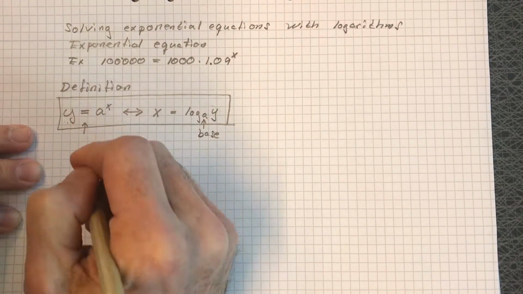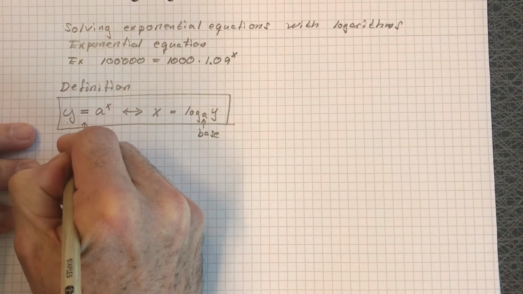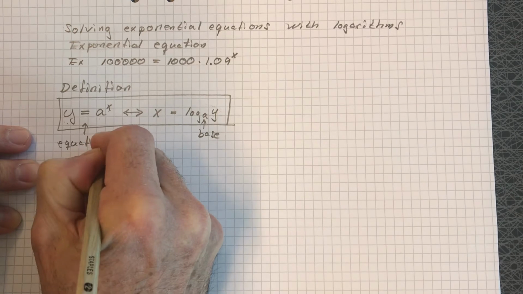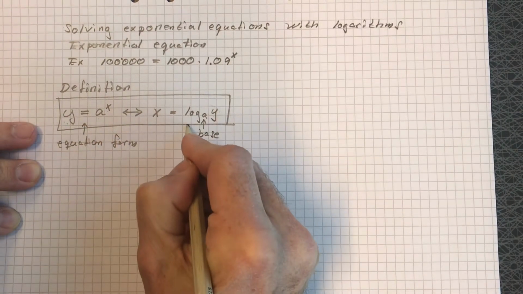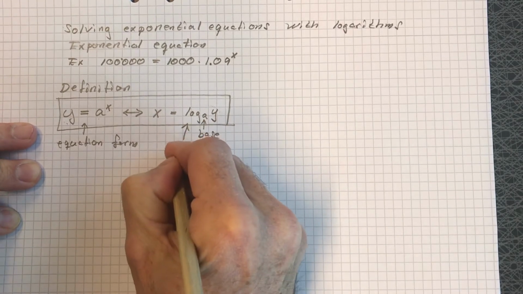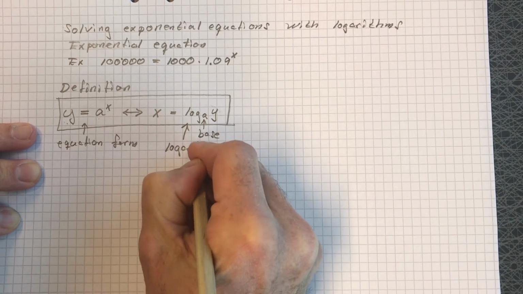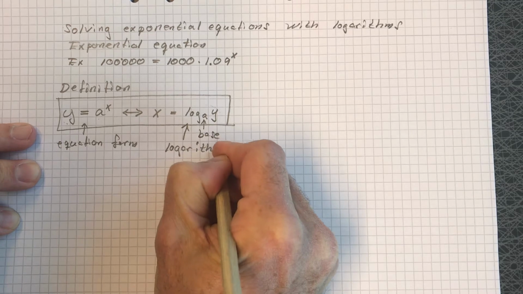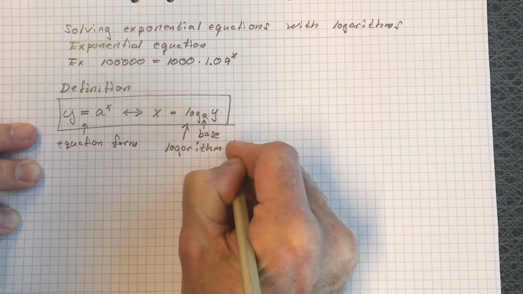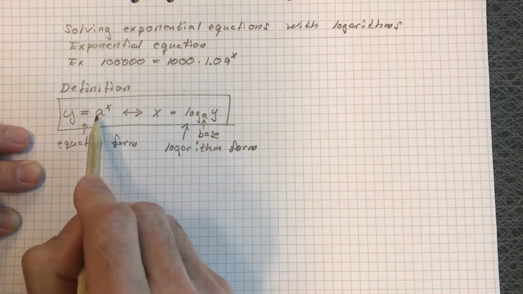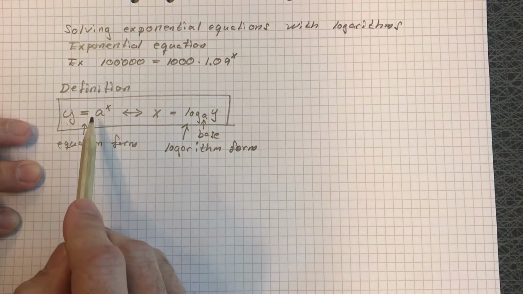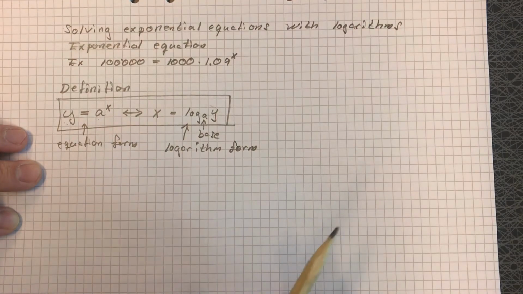This is written in the equation form because it's an equation. And this way of writing it is called logarithm form. And it's very good to learn how to change between these forms when you're solving equations.